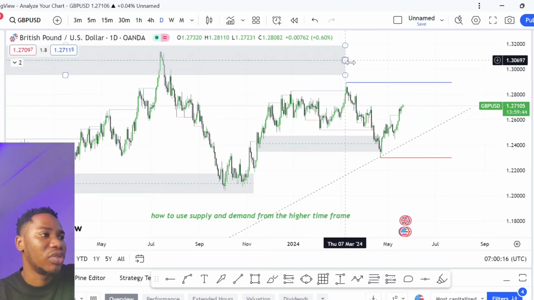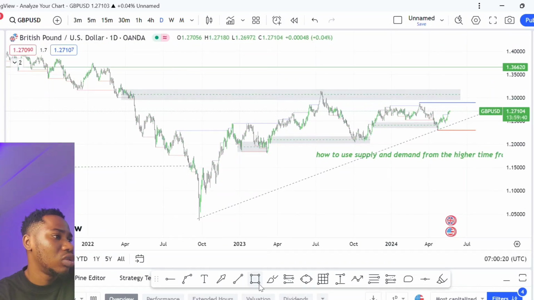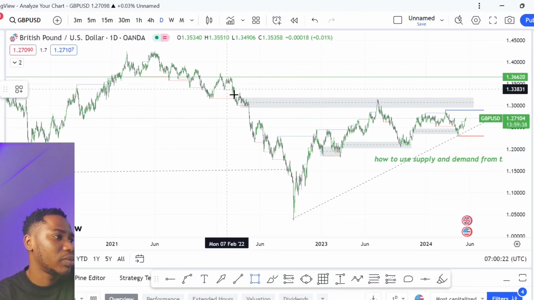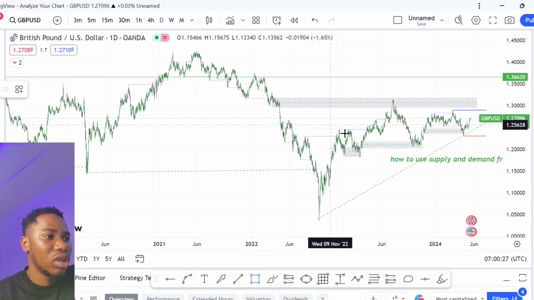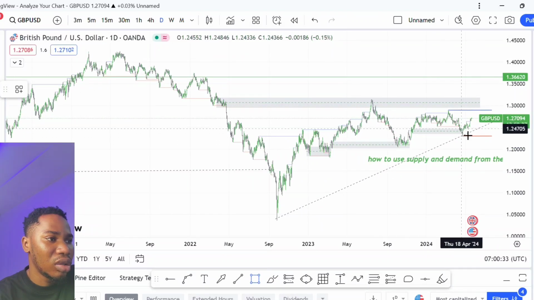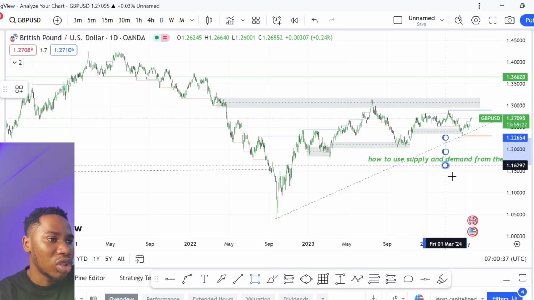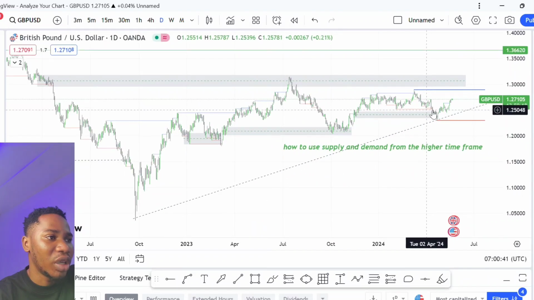We have a supply entry from this zone right here. And now we also have another supply right here. Price touched this level, went down to this demand, and pushed up. Price came back here again, touched this demand level, and started going up again.